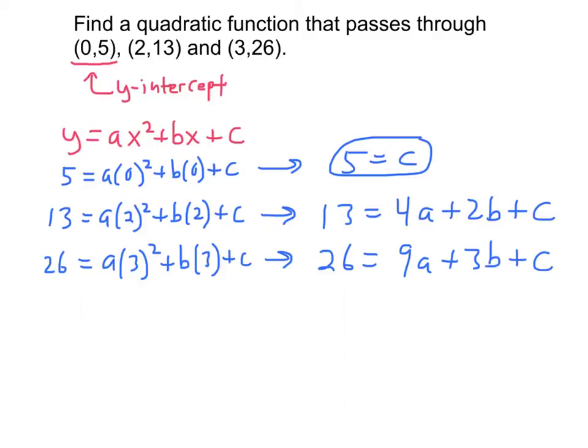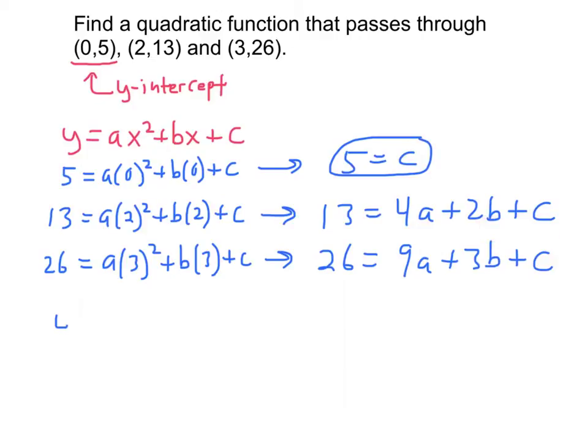Now in this case, since we know c is 5 from this first equation, we can plug that answer in for c in these other two equations. And when we do that, that immediately reduces it to a two-variable system because it eliminates the variable c from the equations. So for the top middle equation, we would have 4a plus 2b plus 5 equals 13.